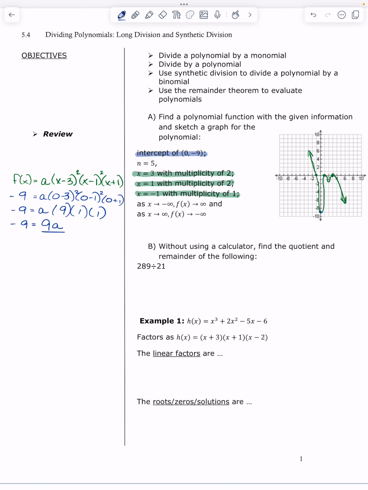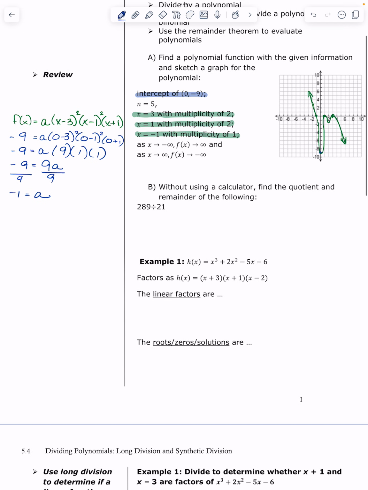Convention says we put the number first. I am dividing by 9, and my a equals -1. And that means my polynomial here is -1 times x - 3 squared times x - 1 squared times x + 1.